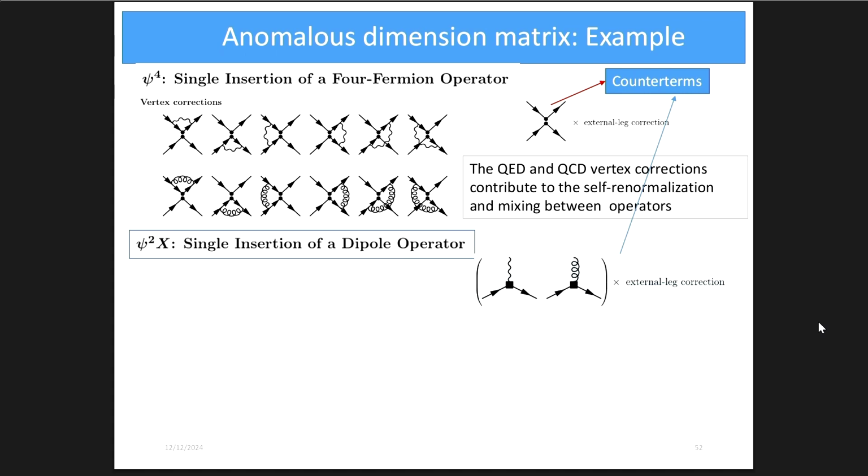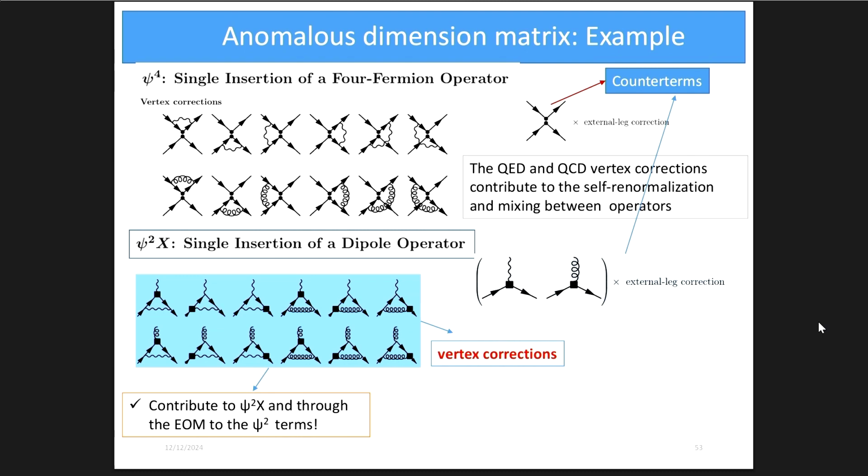Similarly, if you consider a psi squared X kind of operator, you can also calculate the counterterm by calculating the corrections to the external legs. Then finally you can calculate the vertex interactions to this operator, with gluon and with photons, and this will contribute to psi squared X. It can also contribute to psi squared, but for that you need to use the equation of motion.